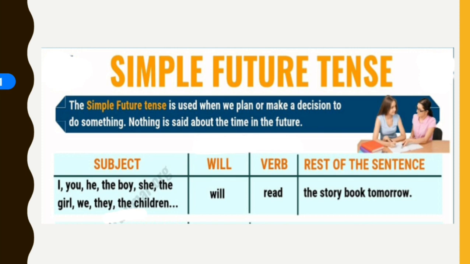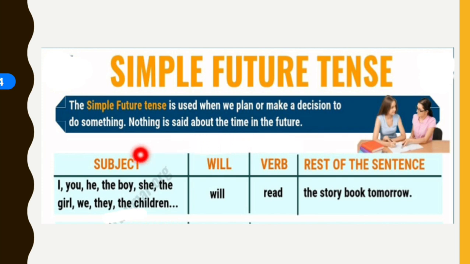Children, the point to note over here is the structure of this tense. Subject plus will plus verb, that is the first form of the verb, followed by the rest of the sentence.